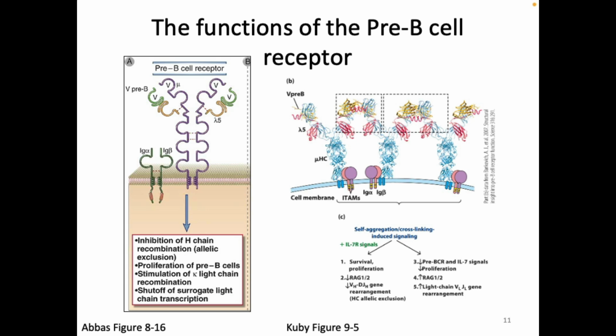So when we turn off RAG here, we're very specifically turning off the ability to make any further heavy chains, so that we do allelic exclusion and make sure that the first heavy chain that was made is the only one we make, and we don't make any more.